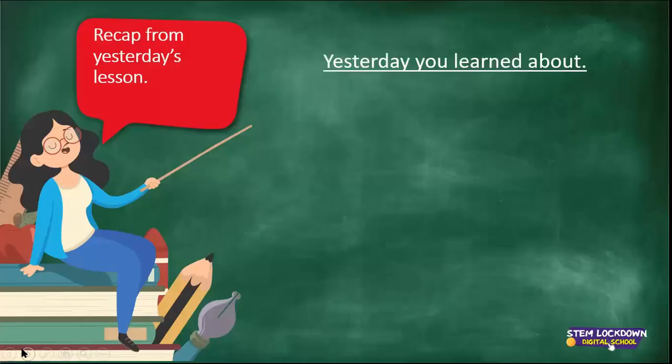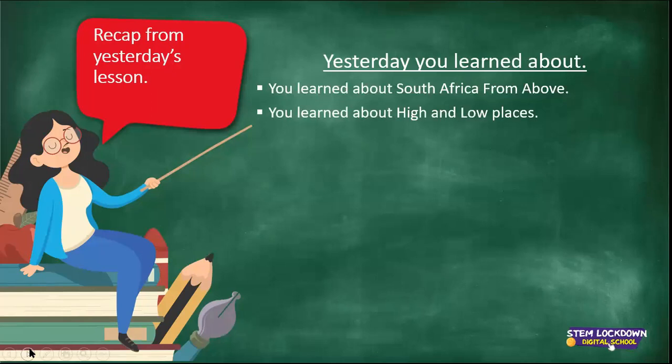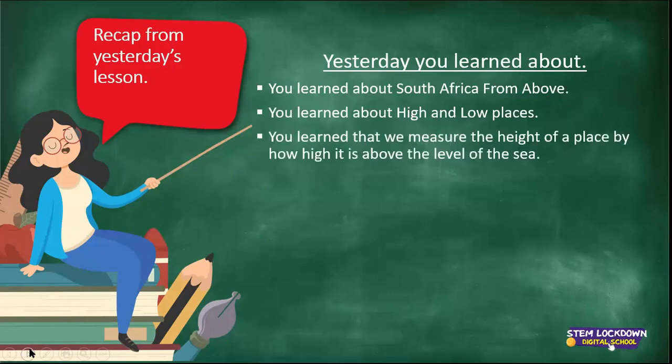Yesterday we learned about the three main areas of South Africa. We learned about South Africa from above. We learned about high and low places. We learned that we measure the height of a place by how high it is above sea level. We learned that the sea is flat and the sea level is measured as 0 meters.